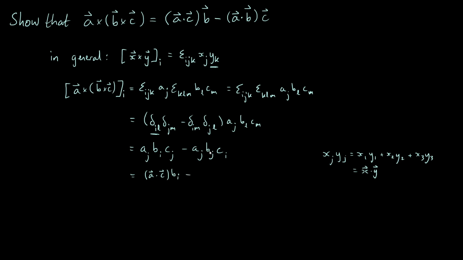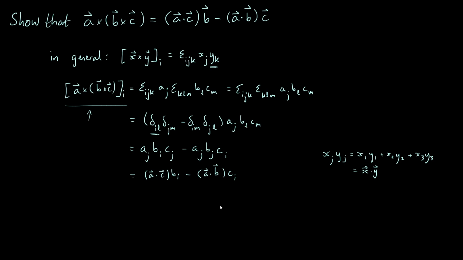And then similarly, in the second term we have aj, bj, which is just a dot b, and then the ith component of c. But then we have all these subscript i's around. The fact that we have a subscript i on each of the terms, remember the left-hand side is this thing up here, means it's true component-wise. It's true for any value of i.